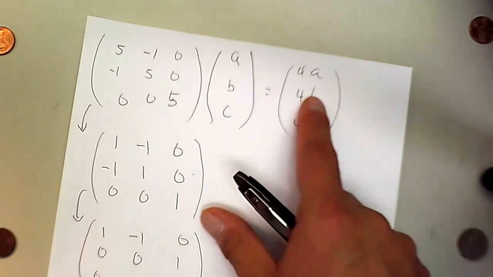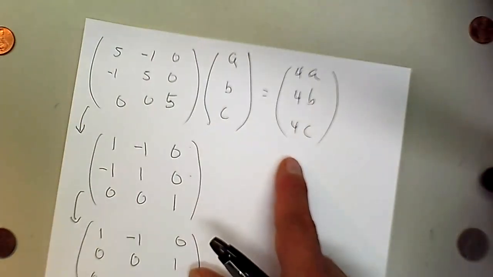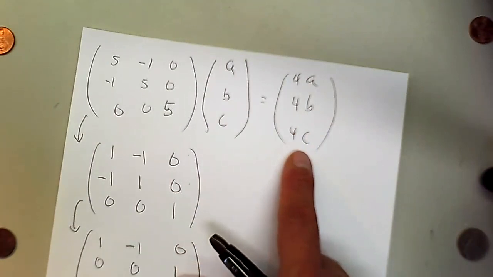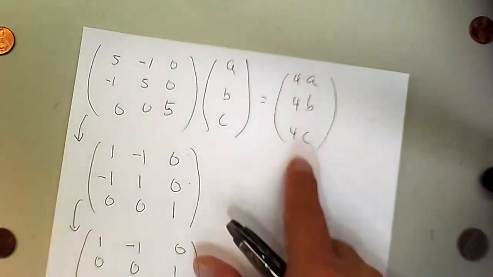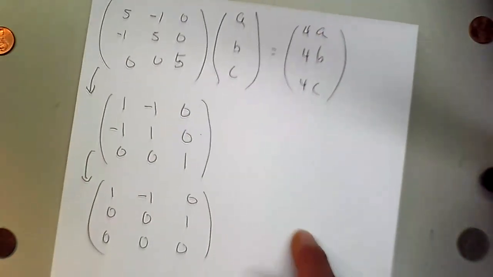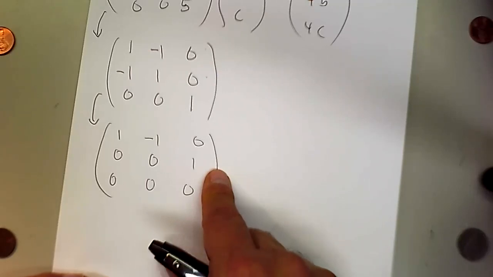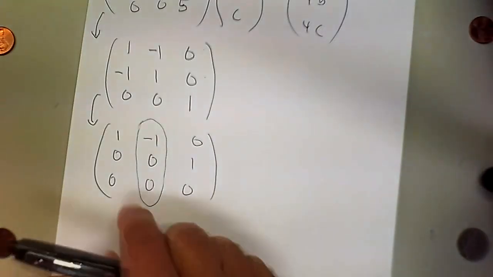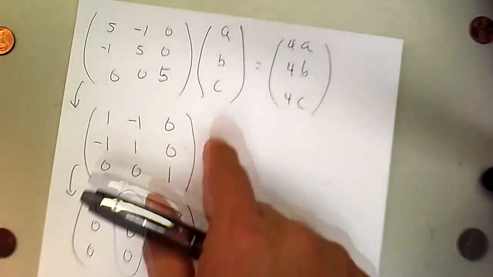Had that not been a column of zeros, we would have to pay close attention to what's going on in this column. But because we had a bunch of zeros, that doesn't matter. We have a free column here because there's no pivot here. So B is going to be free.